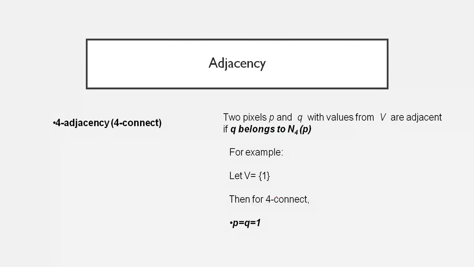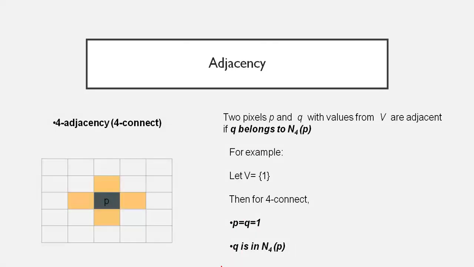Then for 4 connect, P will be equal to Q will be equal to 1, that is both will have the same value, and Q will be in the 4 neighbors. So here we have this example. Here Q can belong to any of these locations which are highlighted.